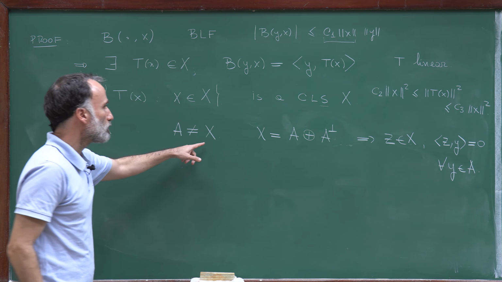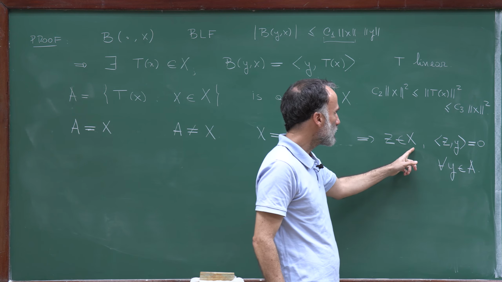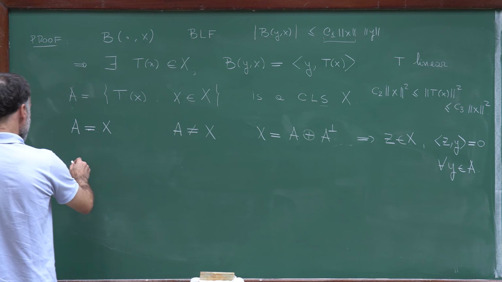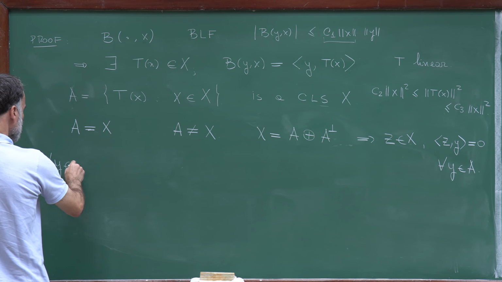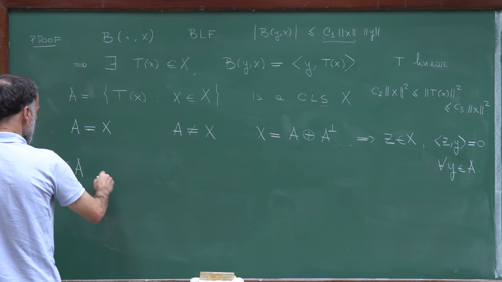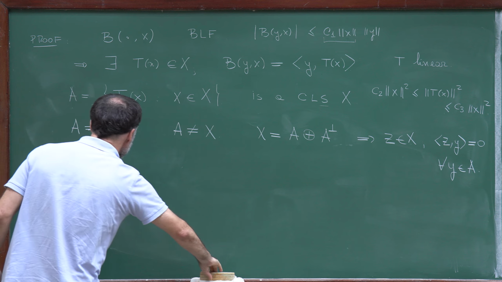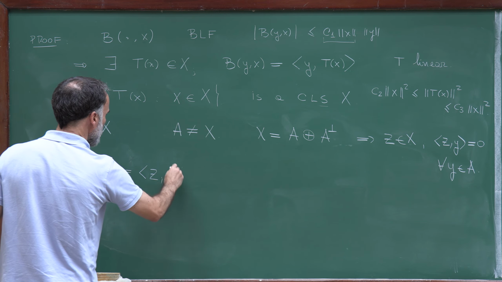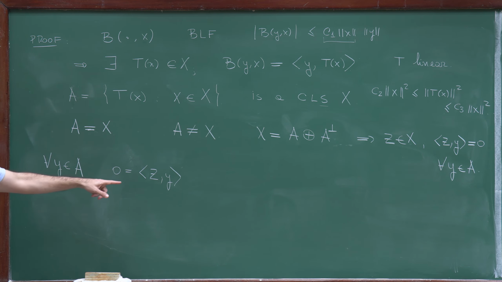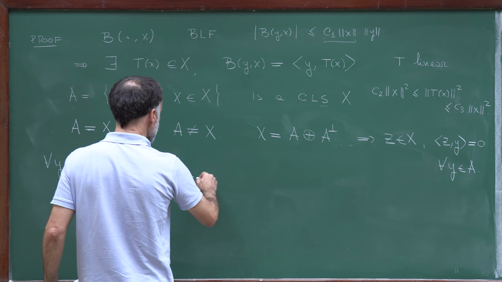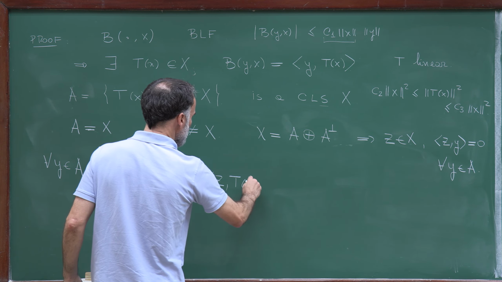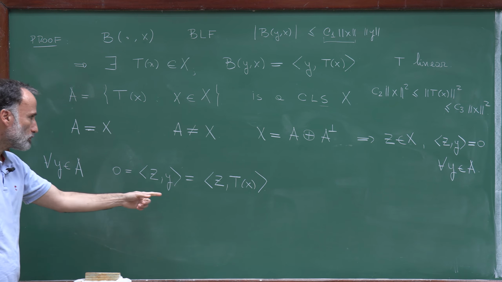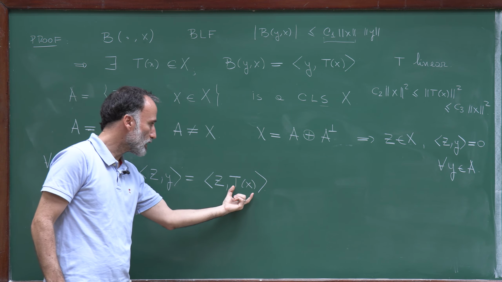So if A is different from X, we can find an element Z in X which is orthogonal to all elements of A. So for all y in A, Zy is equal to 0. But since y is an element of A, y is some Tx, so there exists x in X. Actually, all elements of A are represented as Tx.